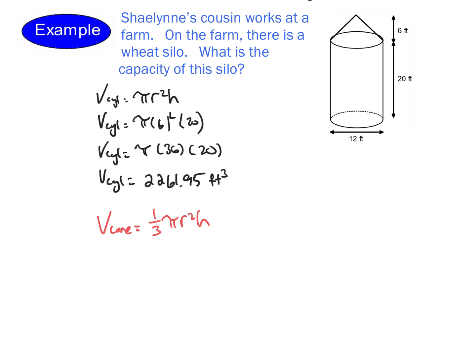The bottom of the cone covers the top of the cylinder perfectly. So that tells us that the radius of the cone is the same as the radius of the cylinder. And that means the radius is 6. But the height is different. What's the height of the cone? It's also 6, yeah.